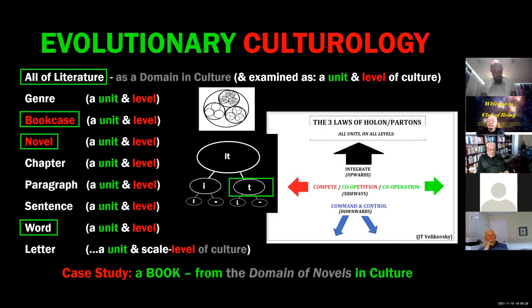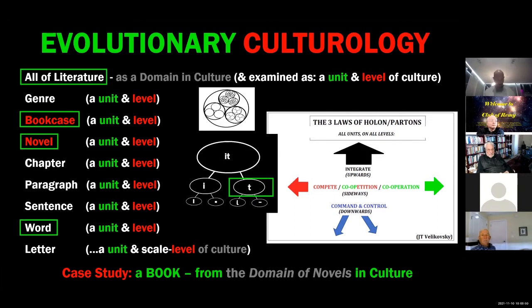So they integrate upwards to a word. Words integrate upwards into sentences. They integrate upwards into paragraphs. They integrate upwards into a chapter. Chapters integrate upwards into a novel. And a novel may be on a bookcase. It could be in someone's home, or it could be in a library or on a retail store bookshelf.